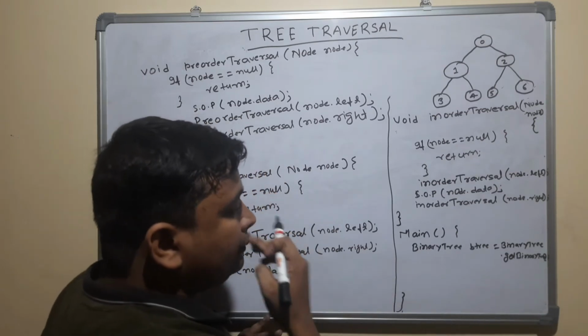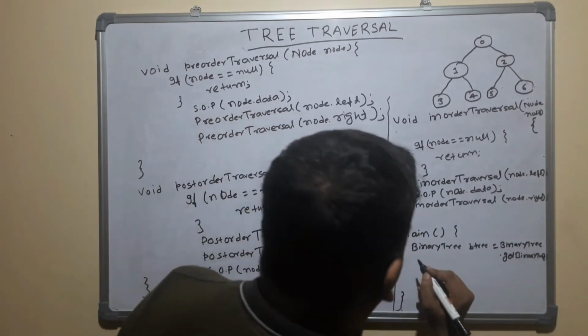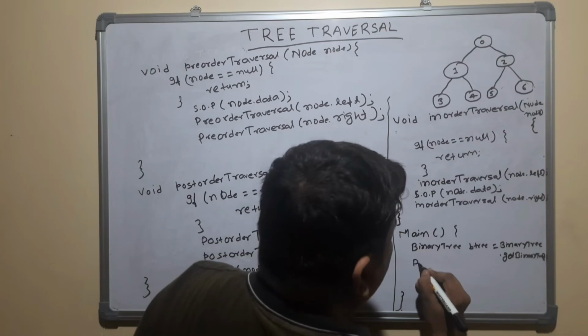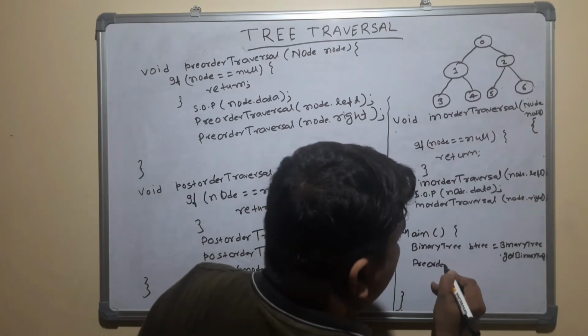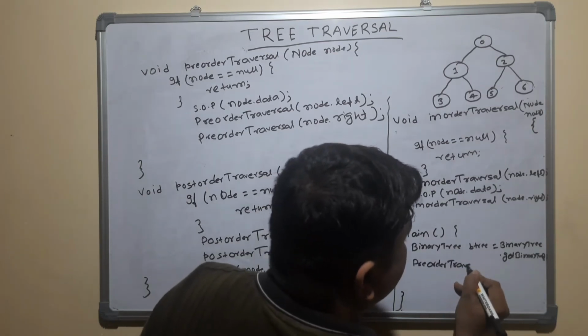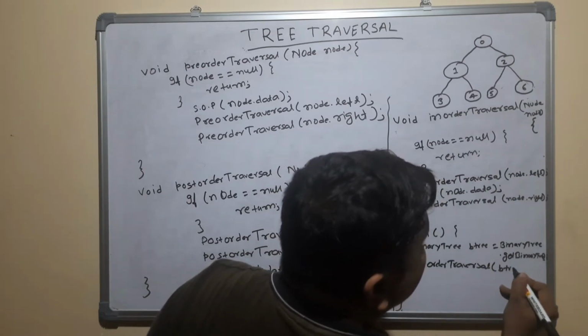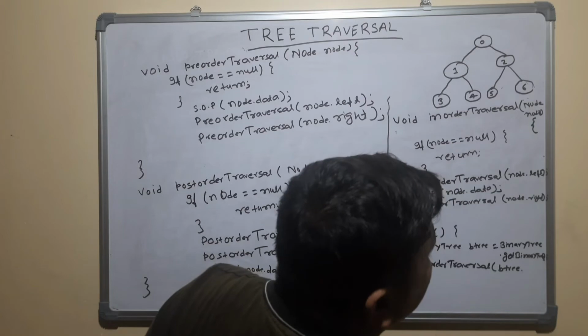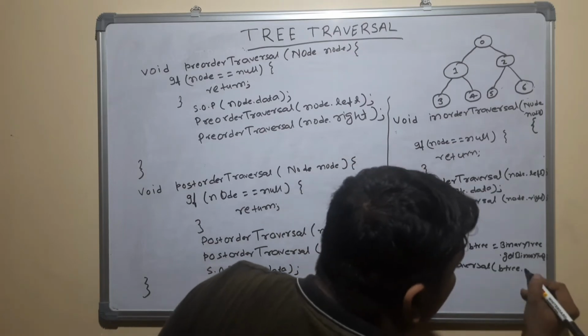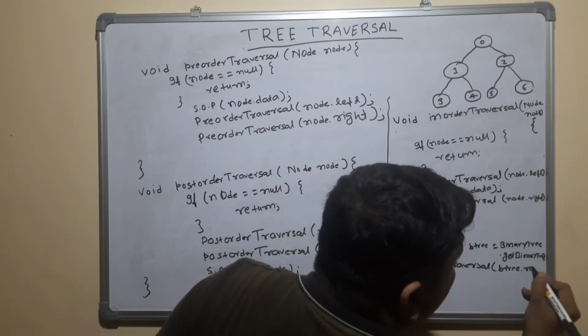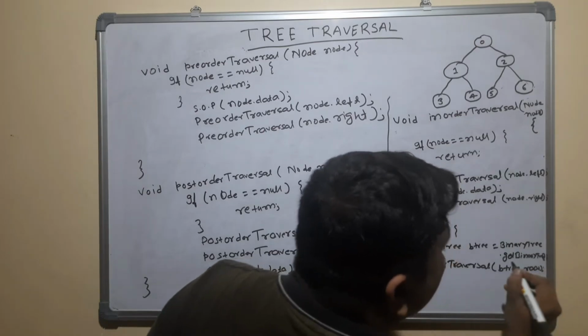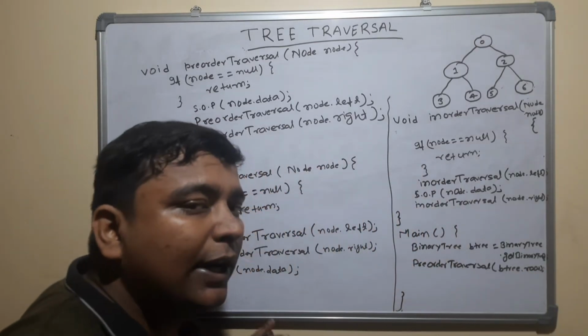Now I will call all three traversal functions, and in those functions I have to pass only the root.